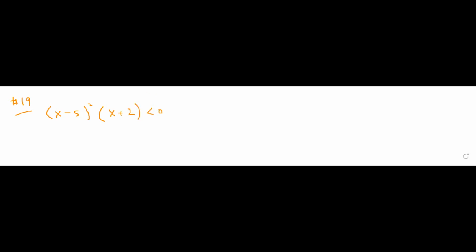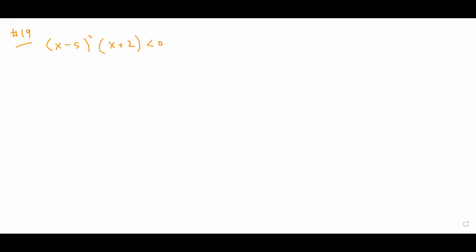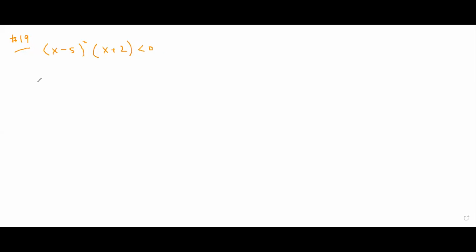So I have this product of two factors, and it looks like this is going to be another cubic parabola with one end going up and the other going down, because again we have 3 parentheses multiplied.